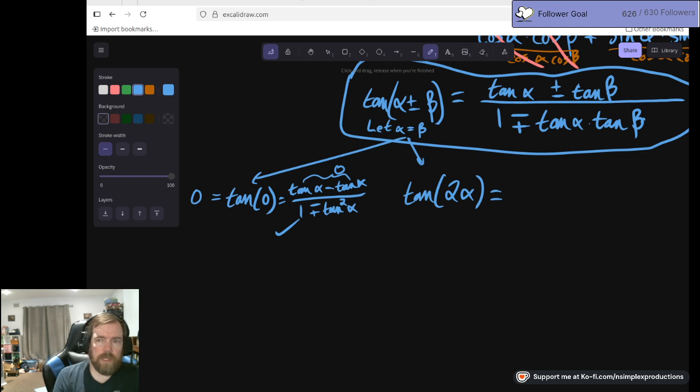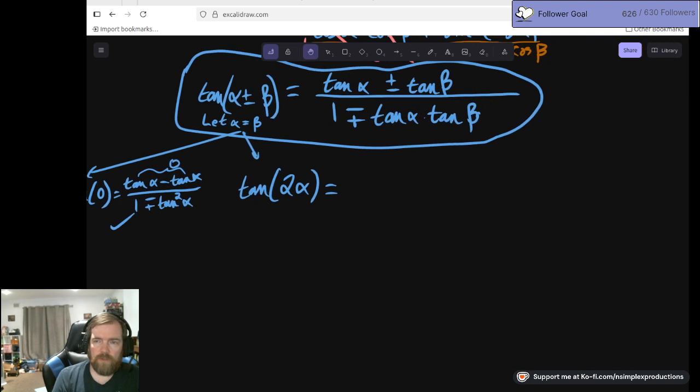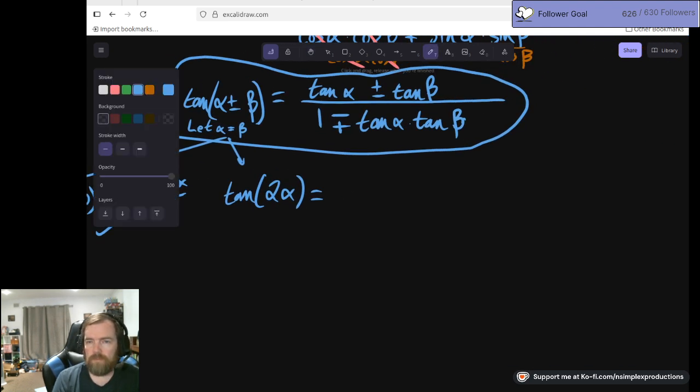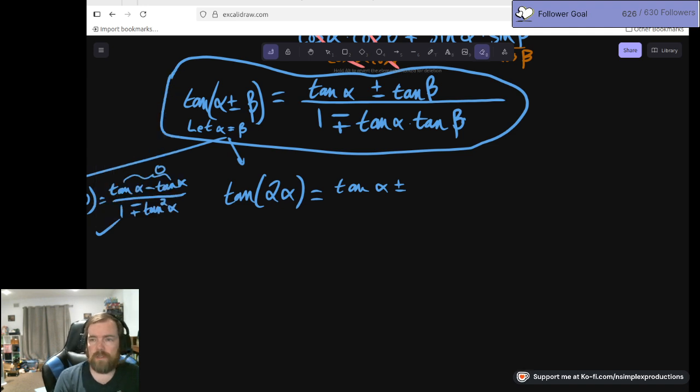Okay, then if we go with the tangent of 2 alpha instead, then what we get is the tangent of alpha plus or minus. In this case, right, this is plus, not minus. And over here, this was a minus up top, so it's a plus down bottom. 1 plus tangent squared alpha, which is secant squared alpha, actually, in the denominator, but we don't need that.